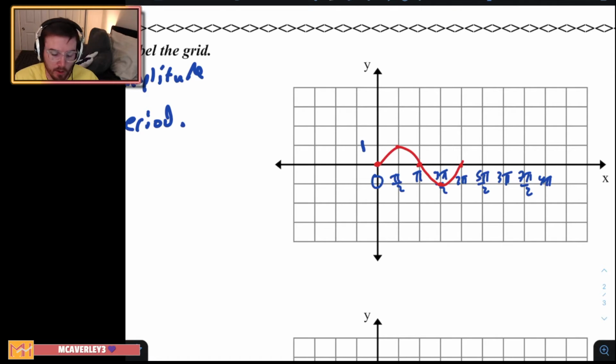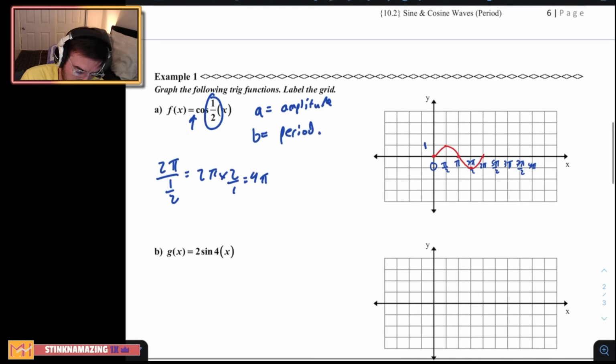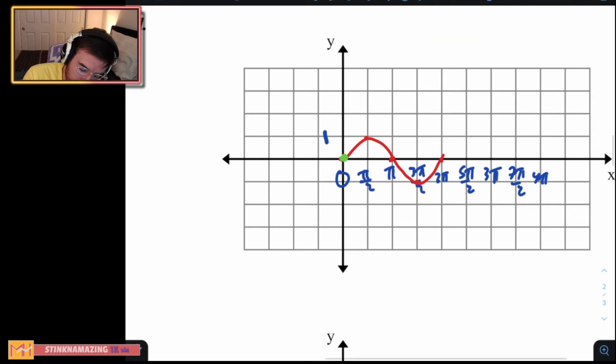That's our regular old sine function. But now, because our period has been increased to 4 pi, it's going to start at 0 and end at 4 pi. So this has been stretched out like so. You see that? That's what's happening.